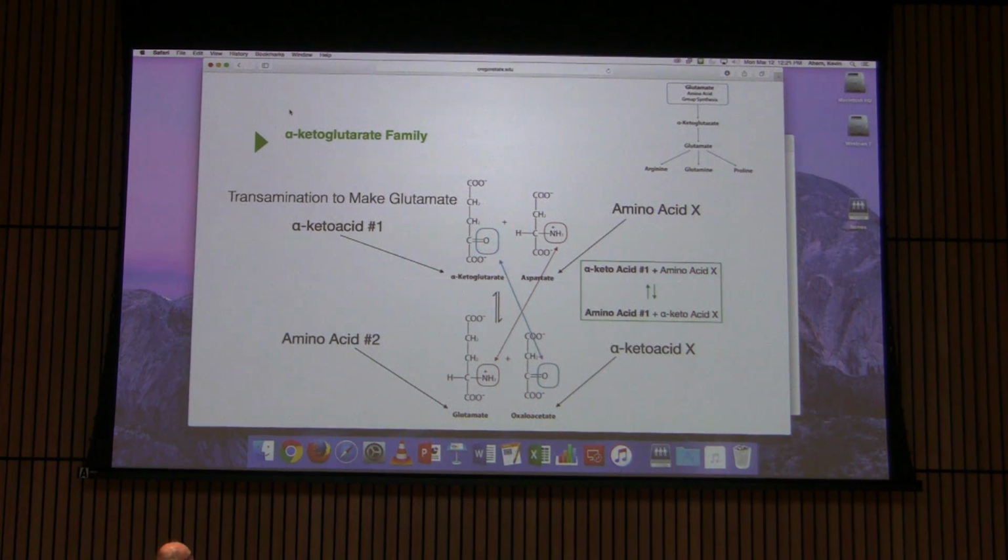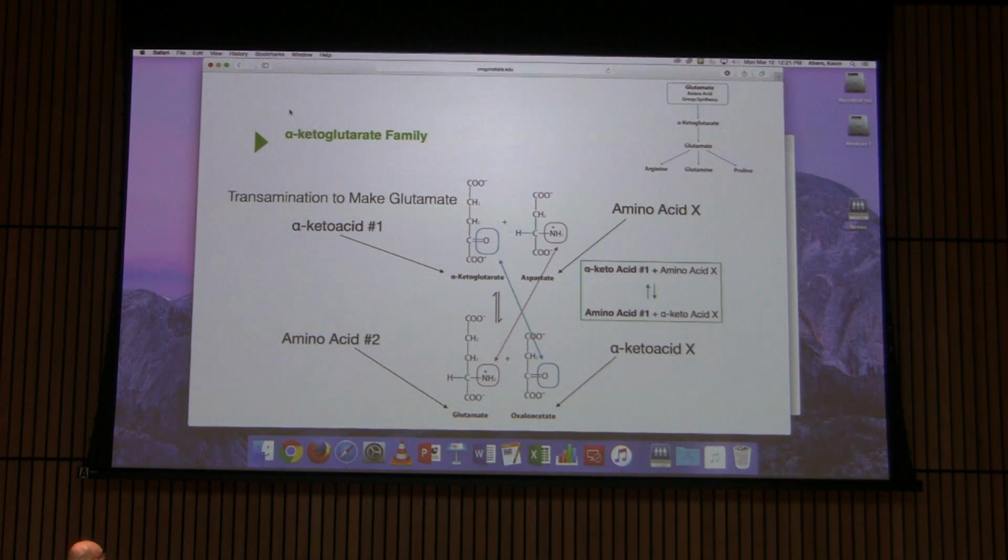And of course, this can go upwards as well, so the direction that this goes really depends upon the needs of the individual cell. This movement of amines in this way allows organisms to pass amines from one molecule to another, creating or destroying amino acids in the process. Transamination has nothing to do with the release of ammonia or ammonium ions.